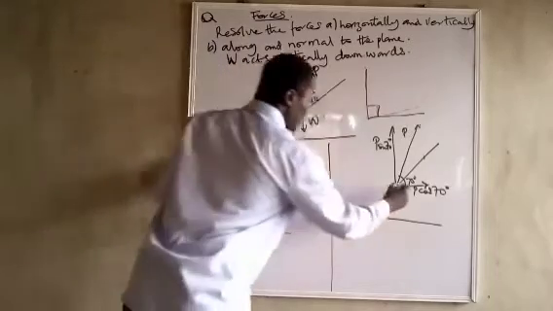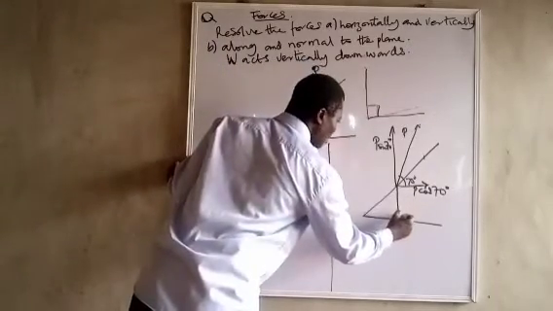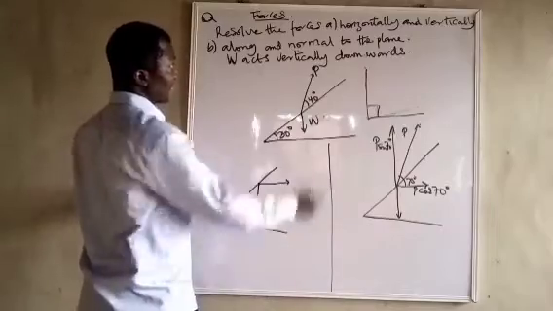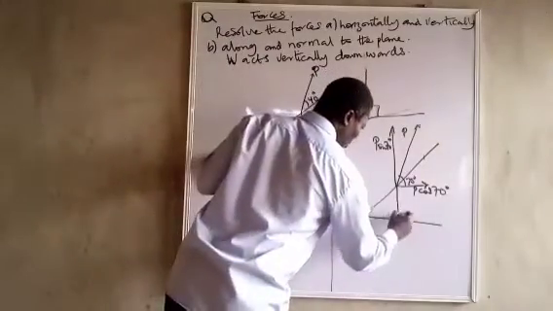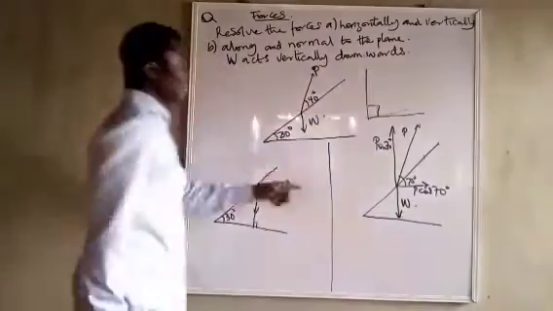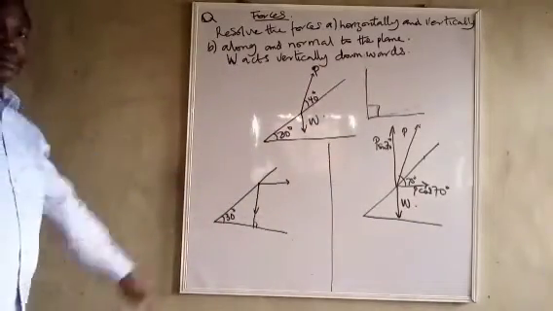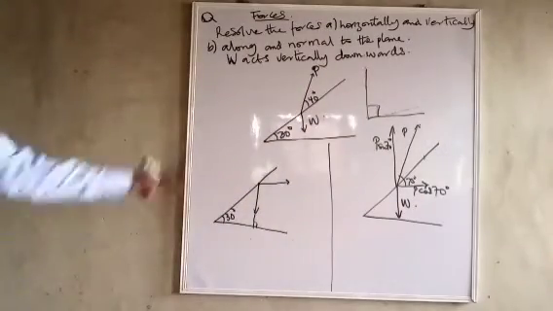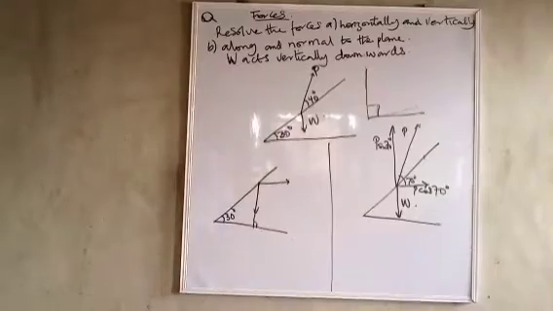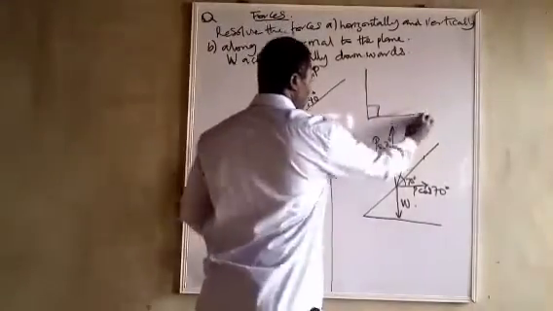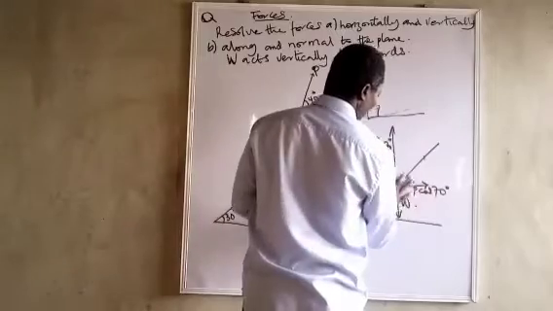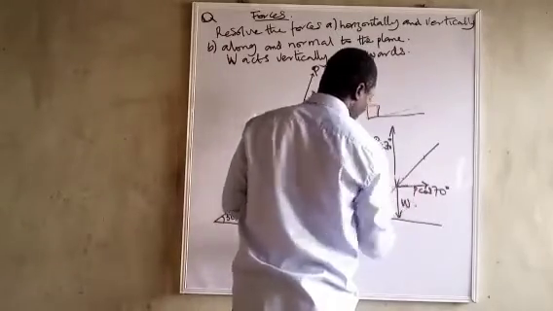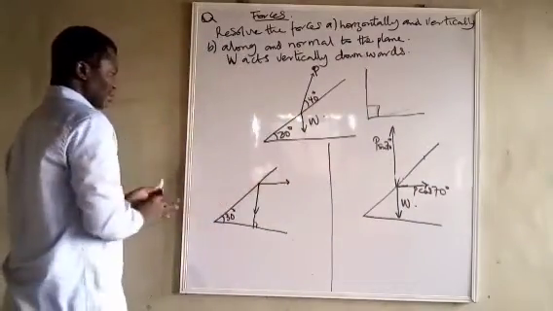So, if we resolve it along the horizontal and perpendicular, we have only a vertical component for W. So this is how it goes. W goes downward. So this is W. You can see it doesn't have any components along the horizontal because it is perpendicular to the horizontal. So at the end, this is what we have. We have the P sine 70, P cos 70, and W downward. So that's all the resolved components.